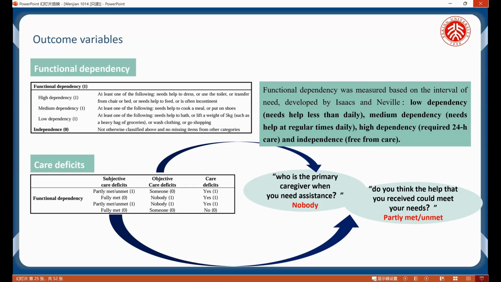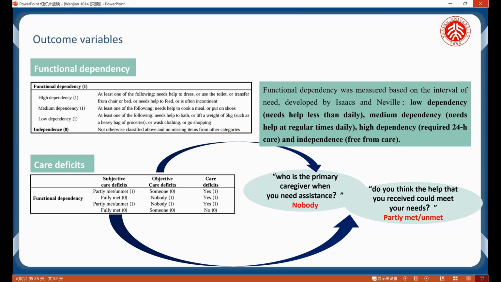Subjective care deficiency is measured by the question: do you think the help that you received could meet your needs? If older adults answered partly met or unmet, we think he has a subjective care deficit.